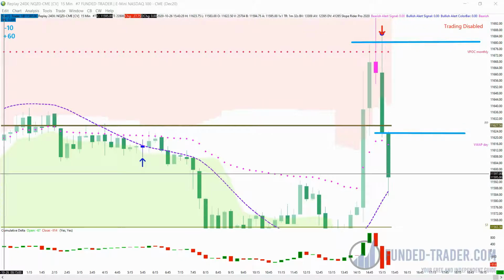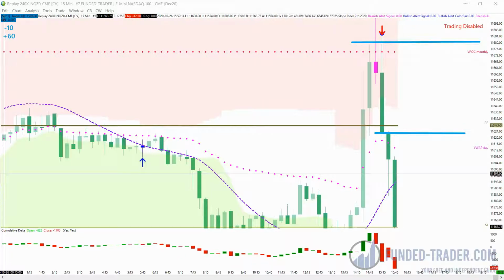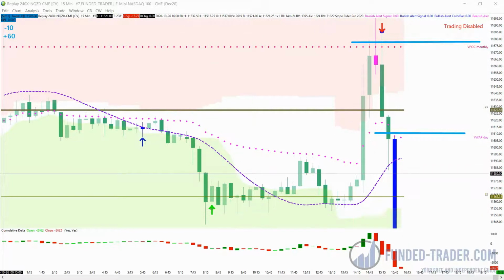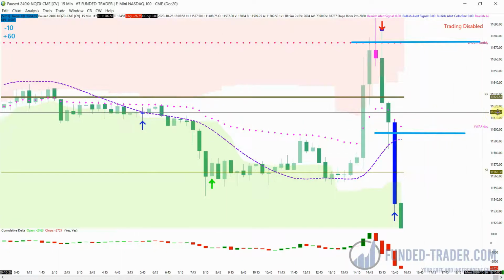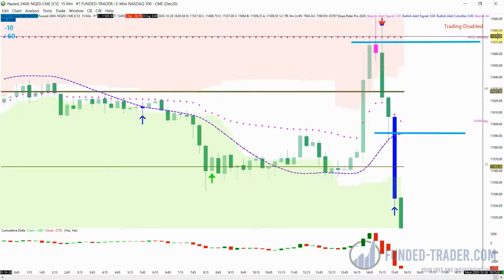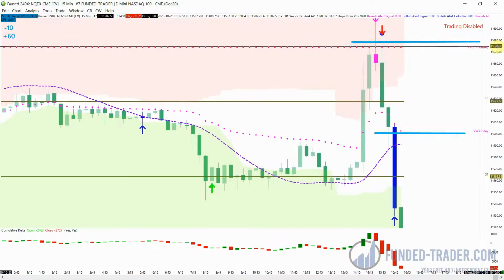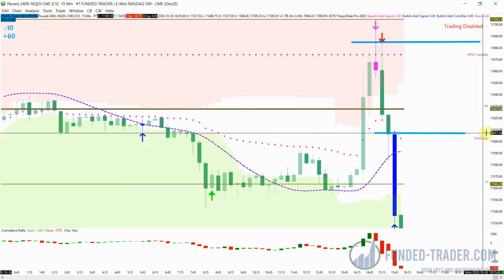So I don't know if that was a trade I would have already taken, but price started moving nicely. So my entry was 11,600.